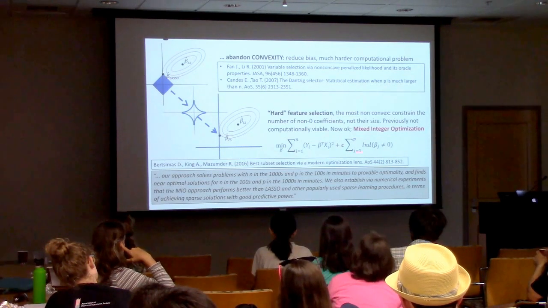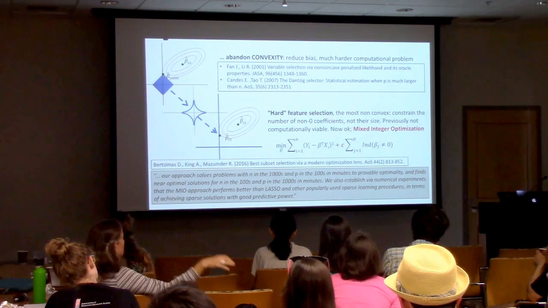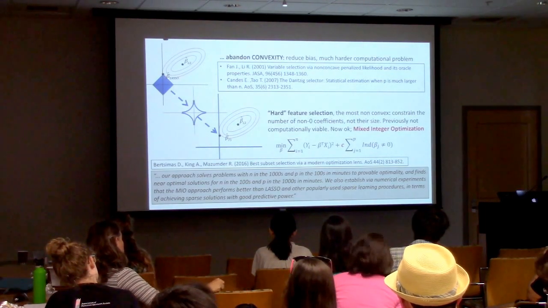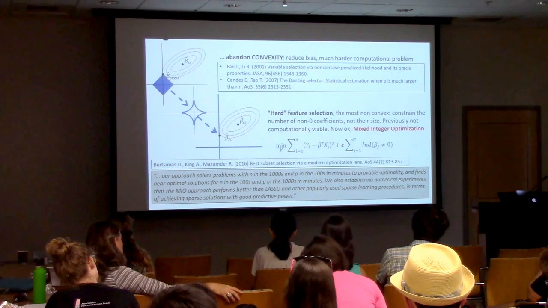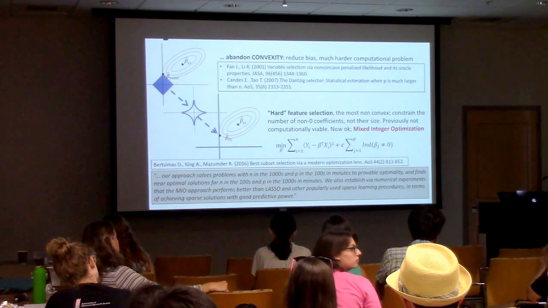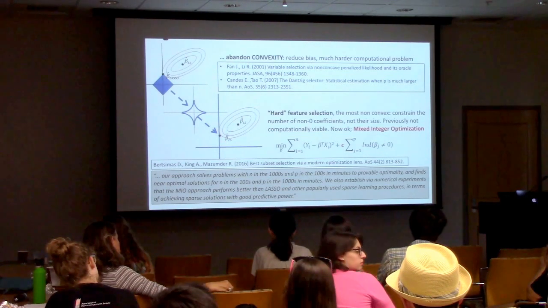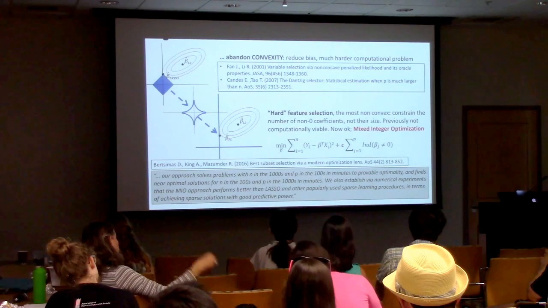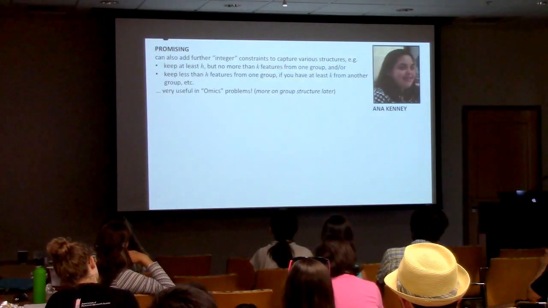In addition to saying I want only C, say that you have groups of variables. You can very easily add constraints that say, if I get 3 from this group, I want none from this group, or if I get only 1 from this group, I want at least 4 from this group. These types of constraints can be rather interesting in omics applications.